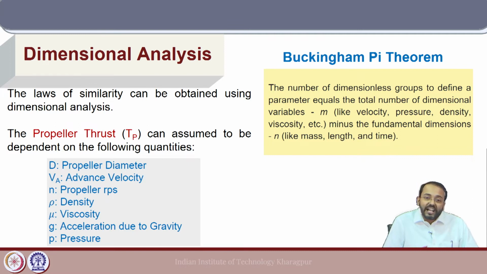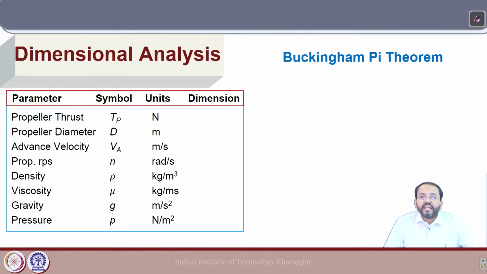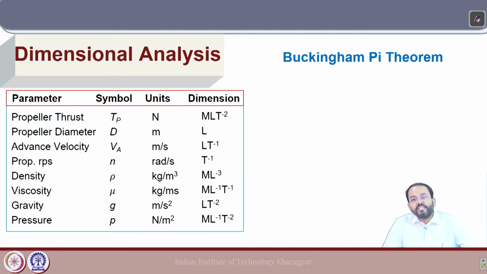So, these are discussed in the context of propeller open water diagram. We do not use any ship terminology here, we are only using the terms which are related to the propeller. So, we have all these terms and we look into the dimensions of these terms.